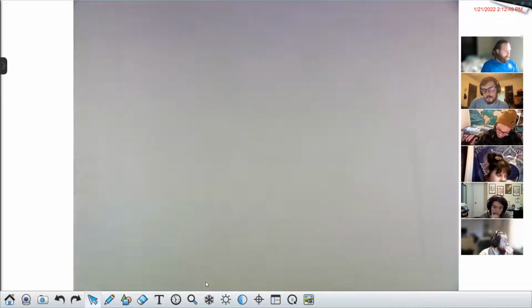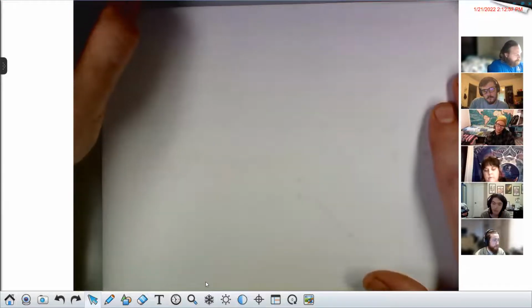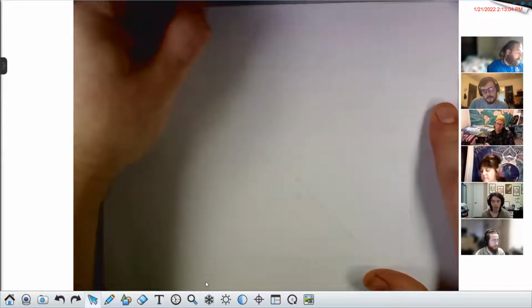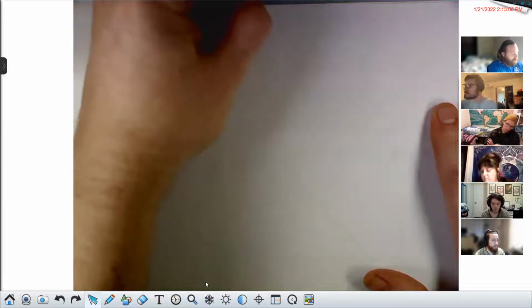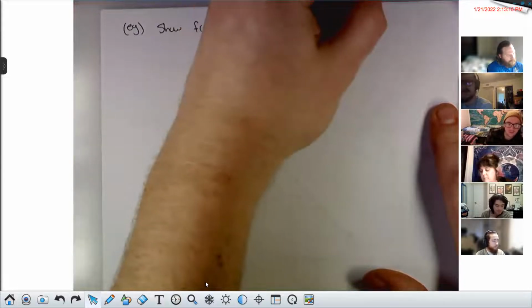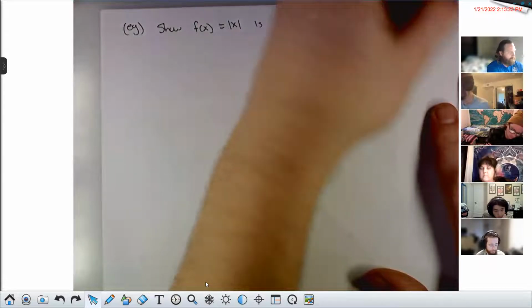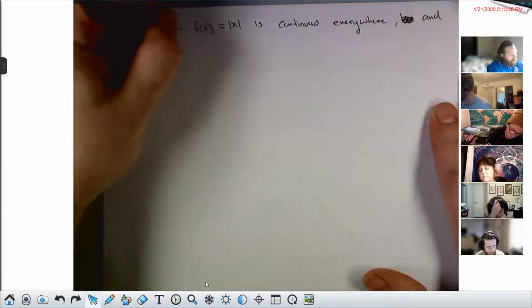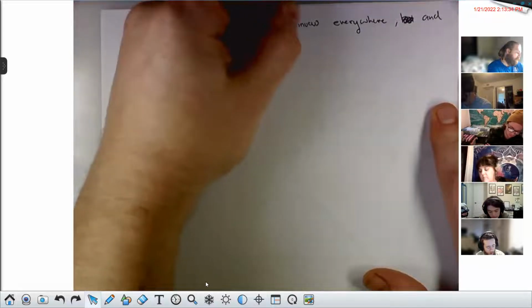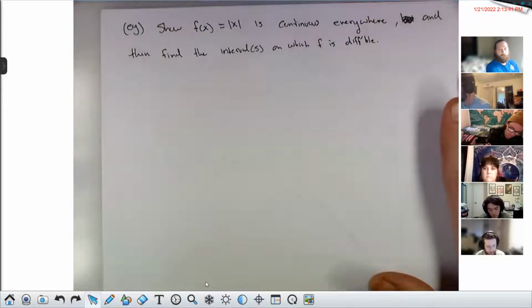Okay, here we go. So, example, show that f of x equals the absolute value of x is continuous everywhere, I should say, and then find the interval or intervals on which f is differentiable, right?